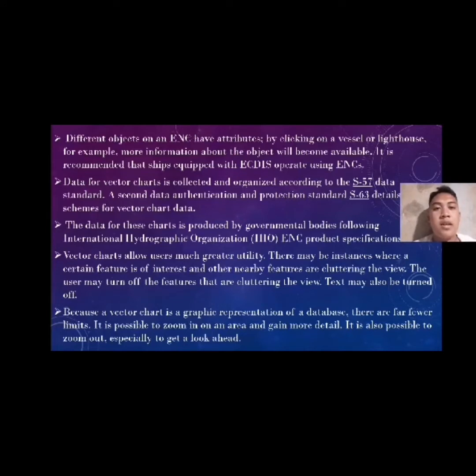Because a vector chart is a graphic representation of a database, there are far fewer limits. It is possible to zoom in on an area to gain more detail. It is also possible to zoom out, especially to get a look ahead. That's the difference between the vector charts and the raster charts.